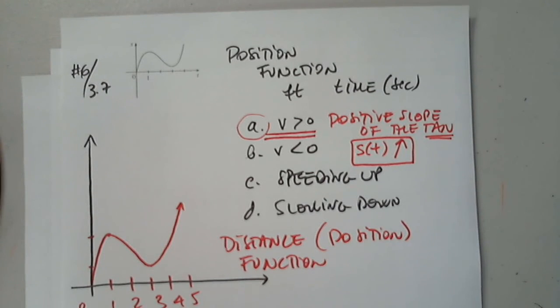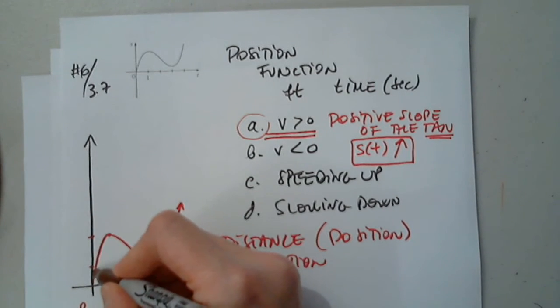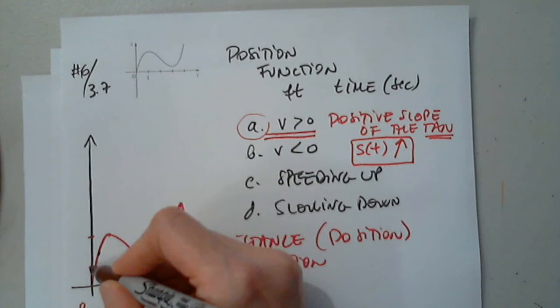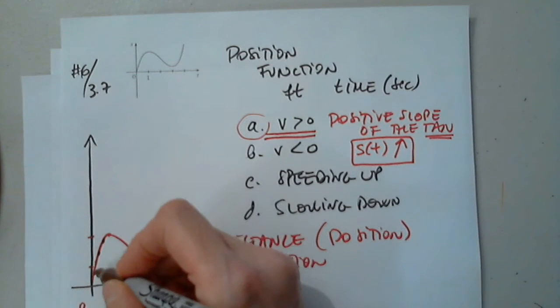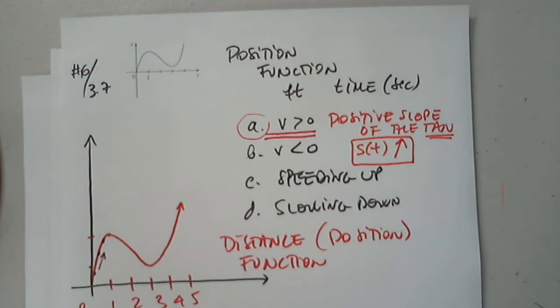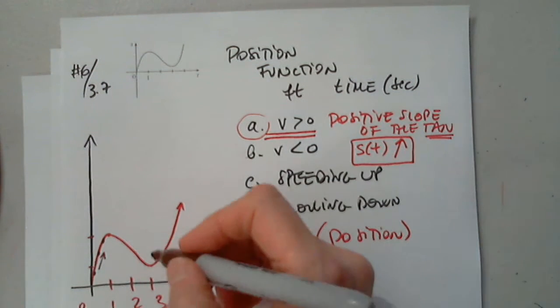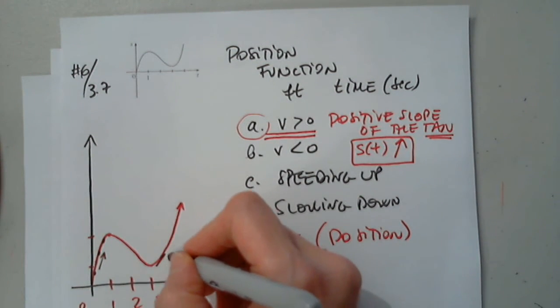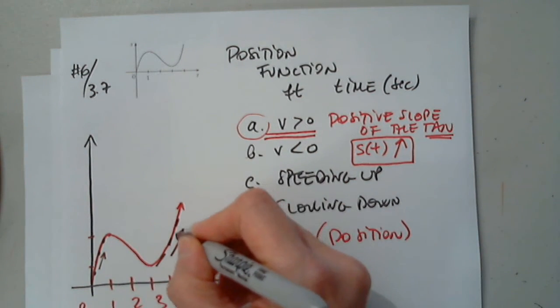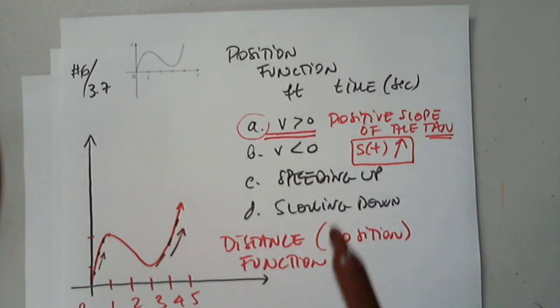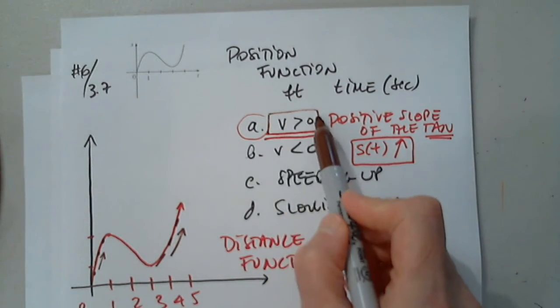Here, the slope is positive. Here, the slope is positive. Here, the slope is positive. So the function is increasing. Here the slope is positive, and again the function is increasing. So when is the velocity positive?